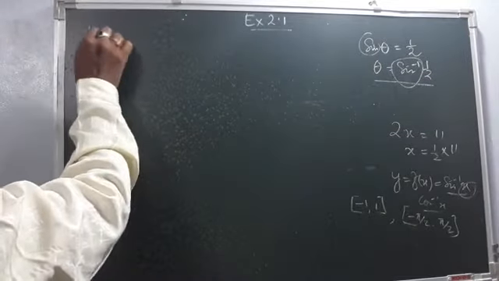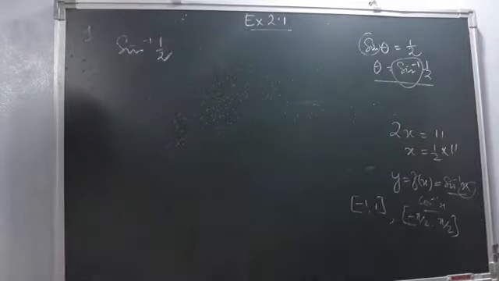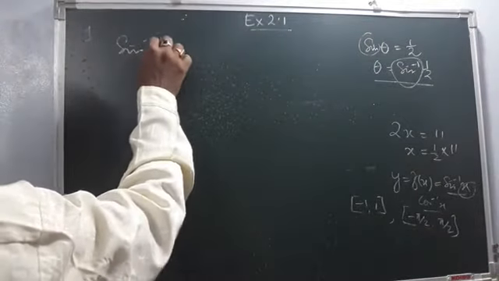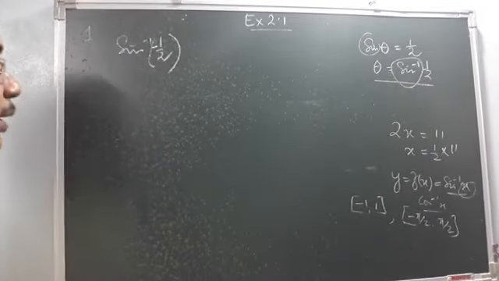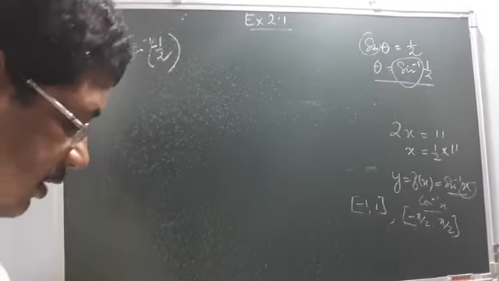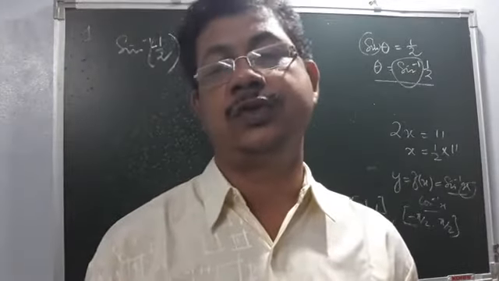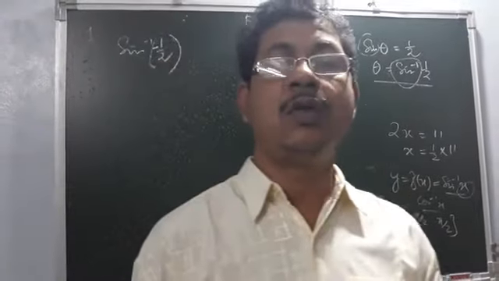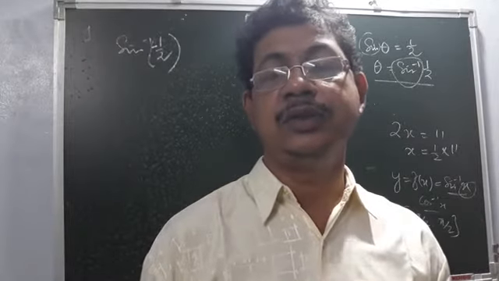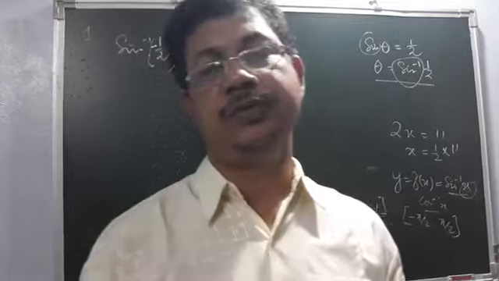First question: sine inverse of minus half. Now they have said to find the principal values. Now principal values, general values we have to learn. Principal values means the values between 0 to 180, these are principal.